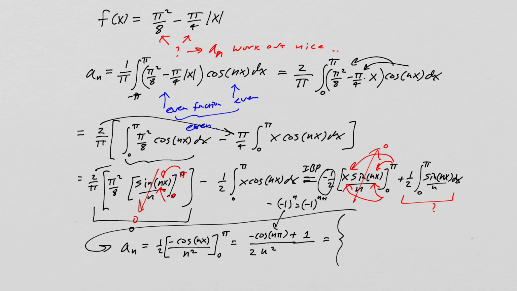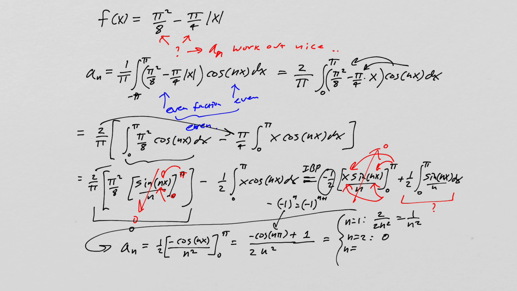So we know for n equals 1, we're going to get a positive 2. So for n equals 1, we're going to get a 2 over 2n squared, otherwise known as 1 over n squared. If I go to n equals 2, we're going to get a negative 1 plus a 1, so we're going to get 0.